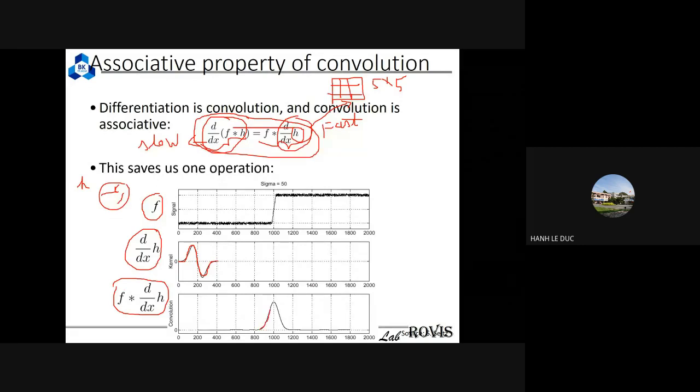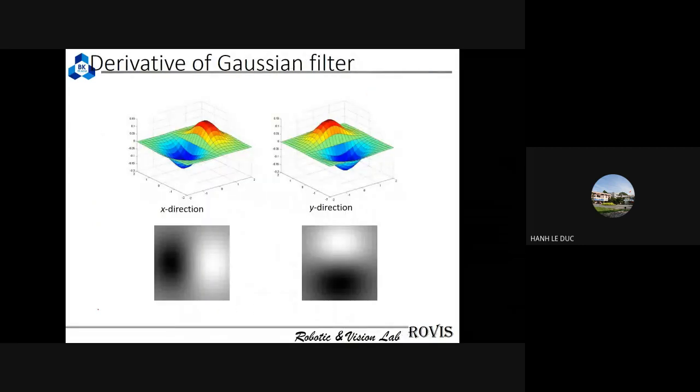The result is the same as the previous one, but this is much faster than the previous equation. This is the remark for you. And this is the effect of the derivative of the Gaussian kernel.